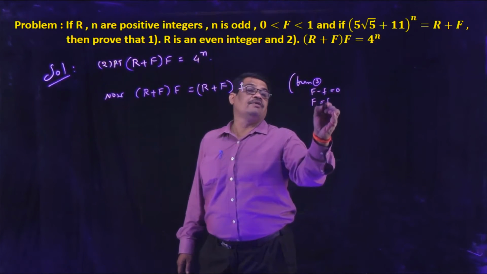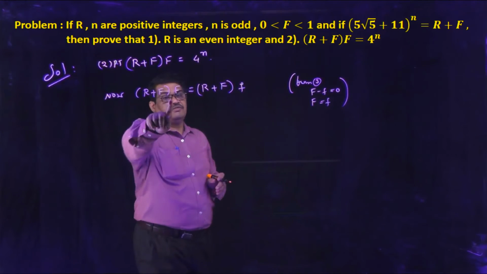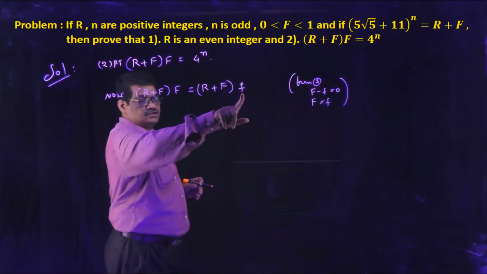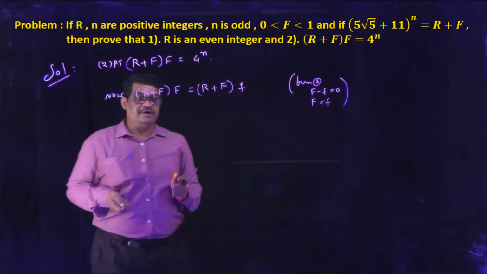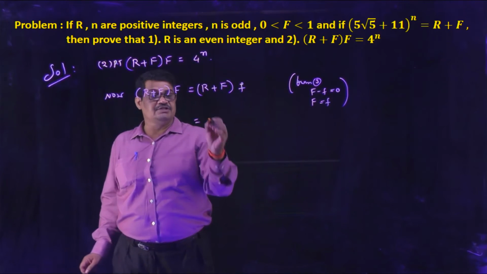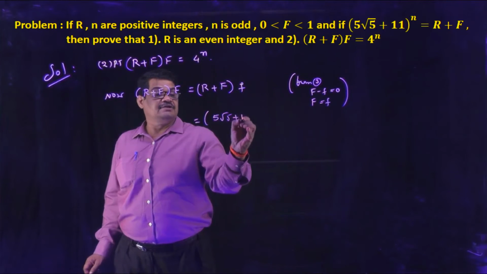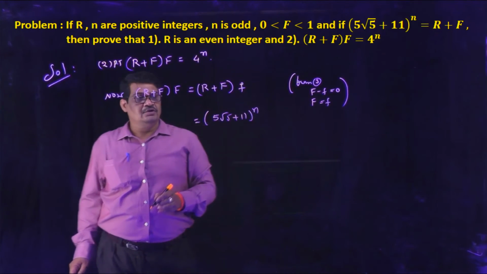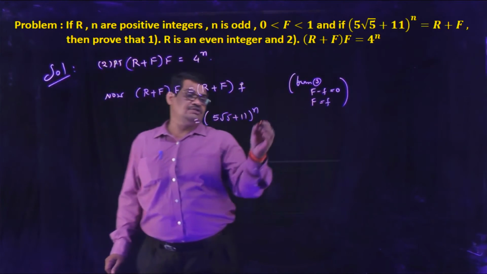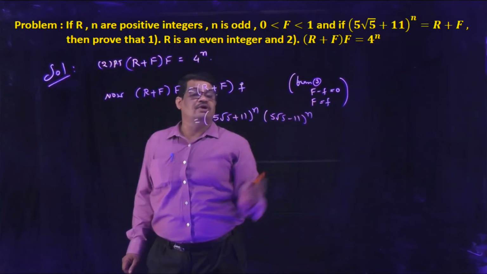So in the place of capital F, we write small f. The given expression, capital R plus capital F, is 5 root 5 plus 11 whole to the power of n. We assume small f is 5 root 5 minus 11 to the power of n.